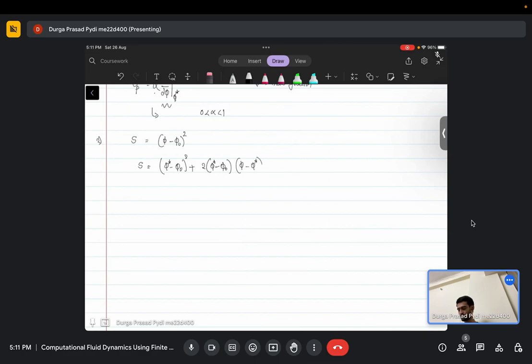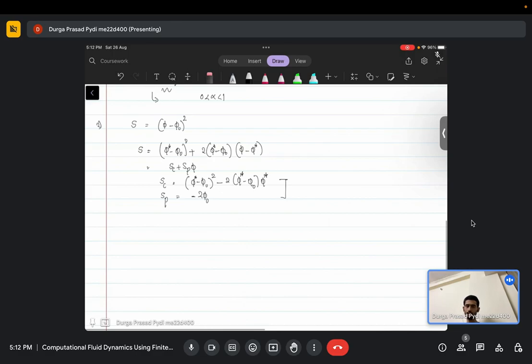So this will essentially give SC plus SP into phi, where your SC is phi star minus phi naught square minus 2 phi star minus phi naught into phi star, and your SP is minus 2 phi naught. This is the one we have discussed in the previous case.